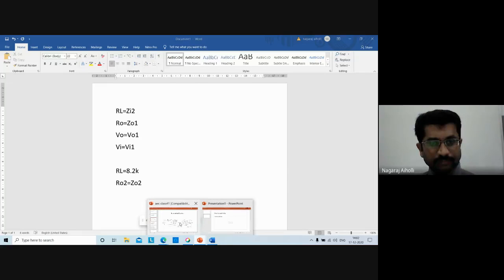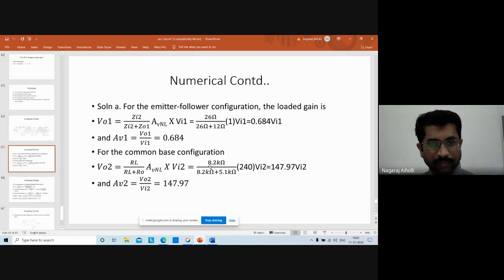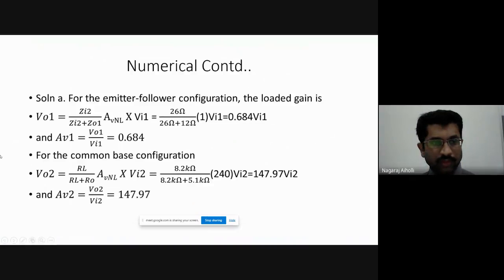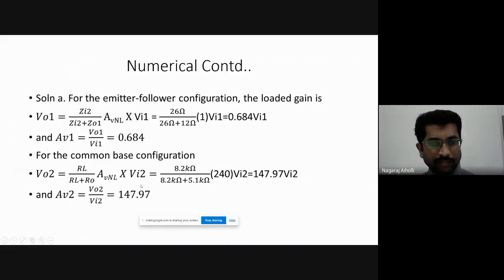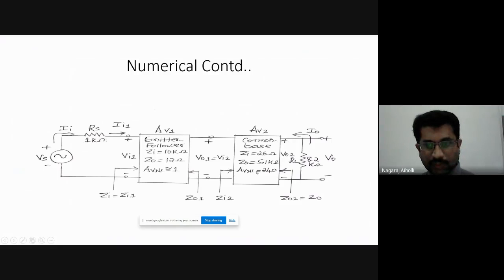Now substitute here in this formula. The formula is V naught 2 is equal to RL by RL plus R naught into AVNL into VI2. RL is 8.2K. That divided by 8.2K plus R naught. R naught is Z naught 2, the output impedance of the common base, second stage.